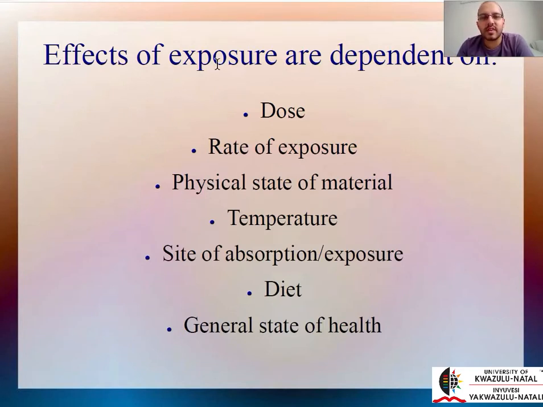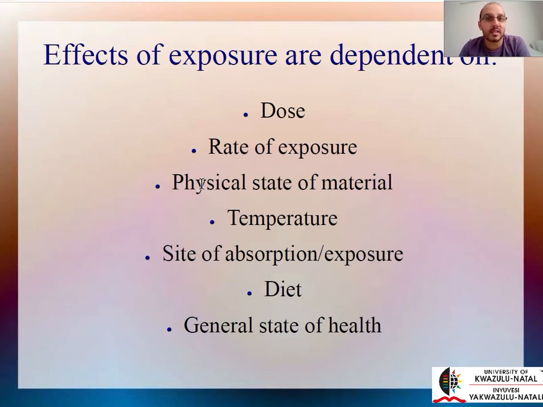Okay, effects of exposure to a toxin depend on the following. It depends firstly on the dose of that toxin. How much have you been exposed to? The absolute dosage, and also the rate of exposure. So how long have you been exposed to that particular dosage of that particular toxin? It also depends on the physical state of the material. Certain compounds, when they are solids, are essentially safe.